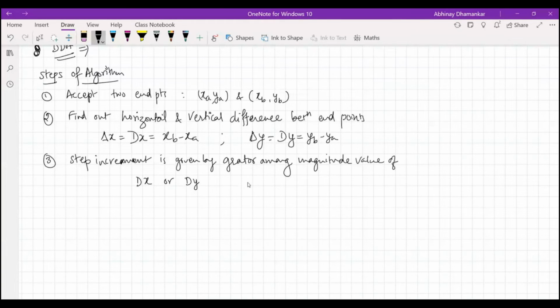So don't get confused. You can use delta x or delta y also. It is one and the same thing. Next, fourth point.